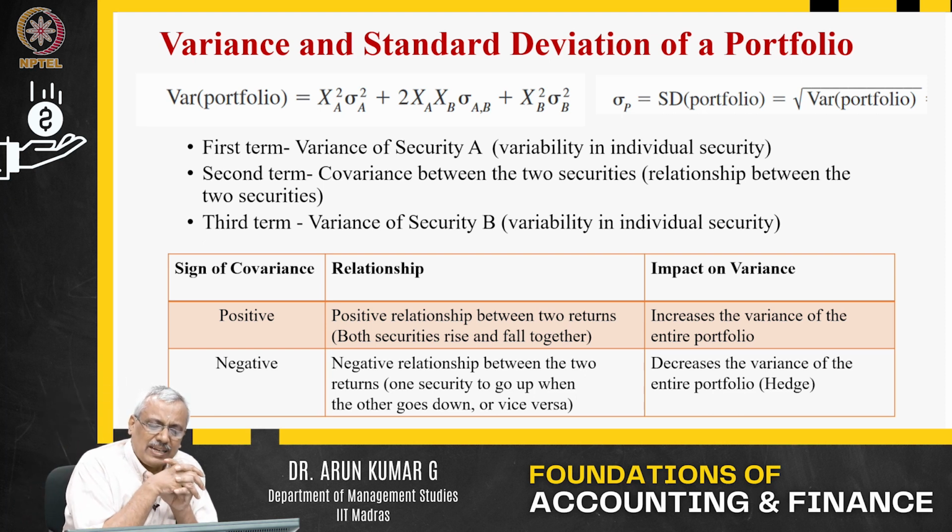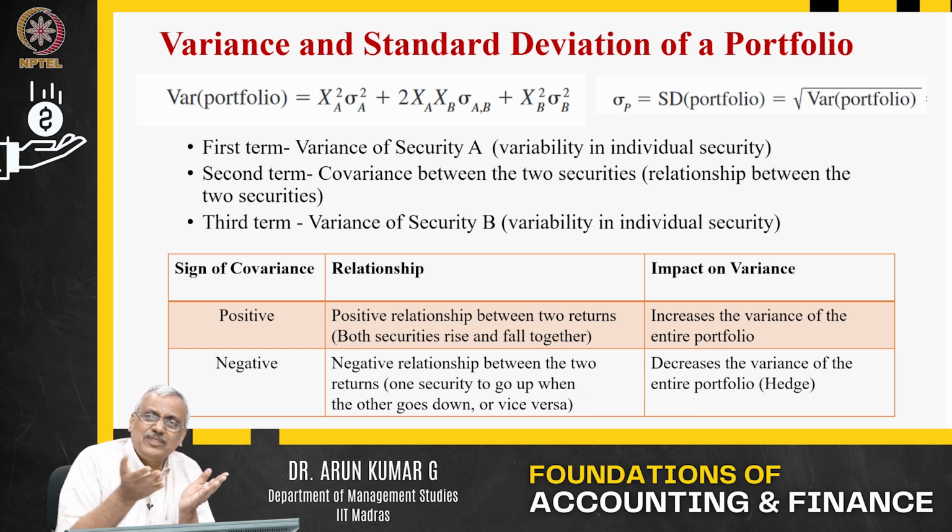The third term is the variance of security B. A positive relationship between the two returns increases the variance of the portfolio; a negative relationship between the two securities decreases the variance.